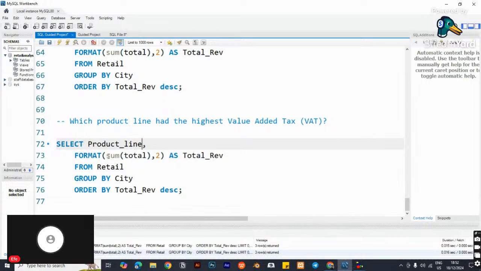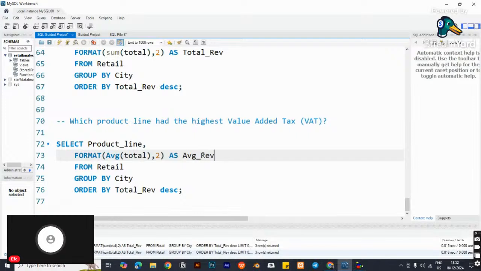Product line, and we'll make use of the average function. Okay, so this is also an aggregate function. As average, you can say this as average VAT. This is value added tax.